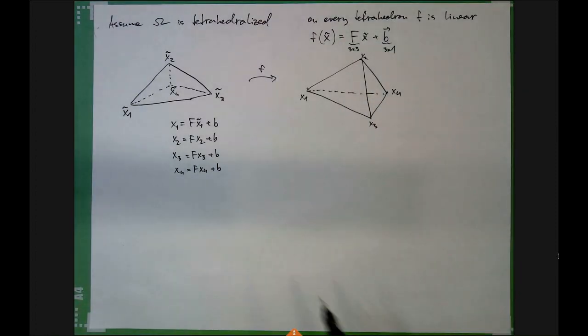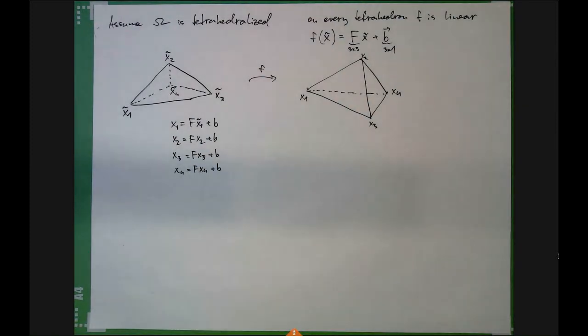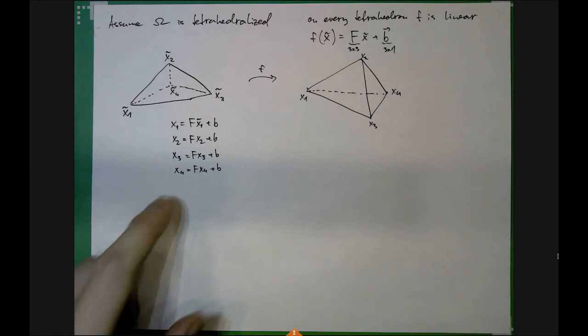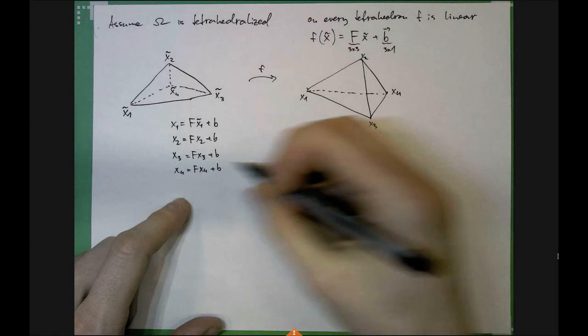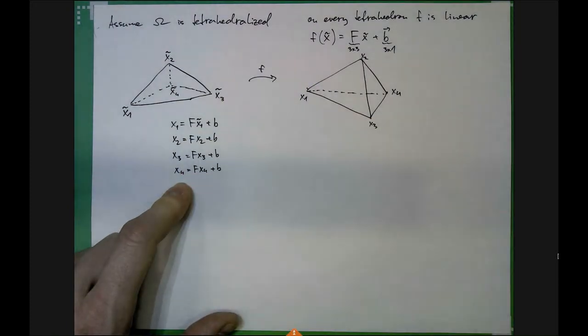Okay? So how do I recover the capital F? Maybe somebody could tell me that. Or maybe it's not so simple. So first I can subtract the last equation from the first three. Are you with me? If you have some questions, feel free to just interrupt me.